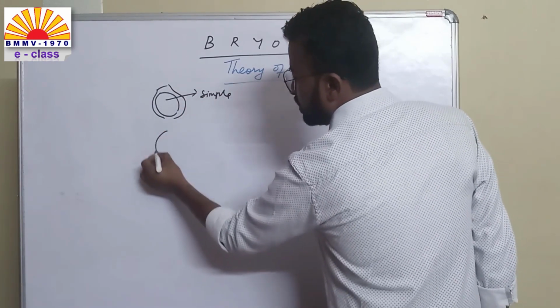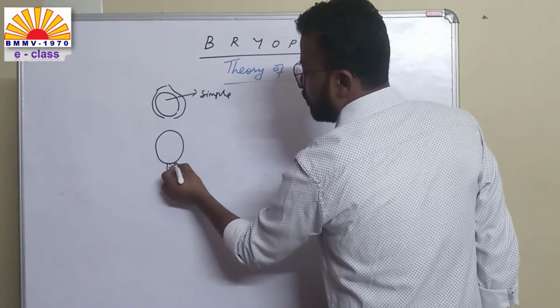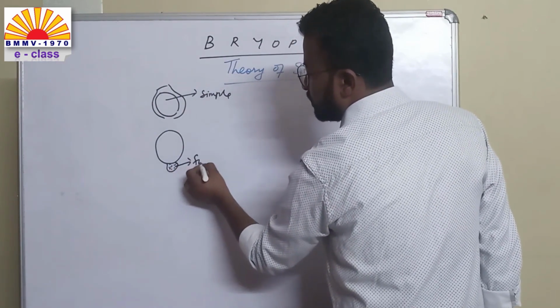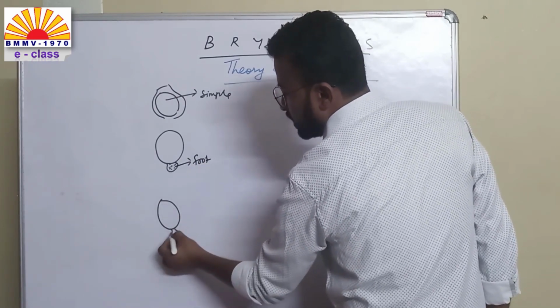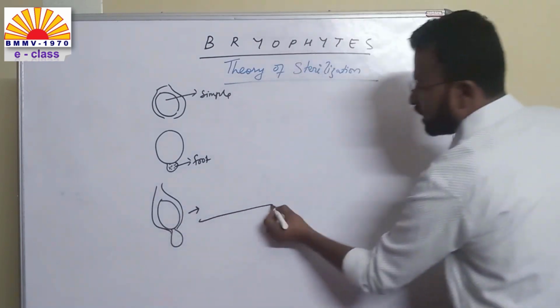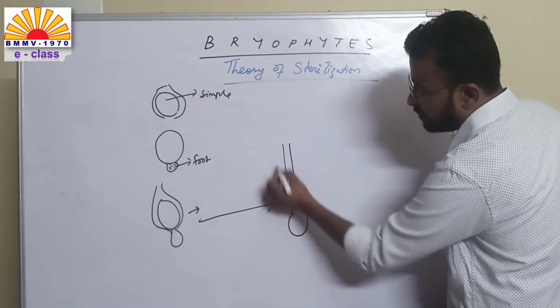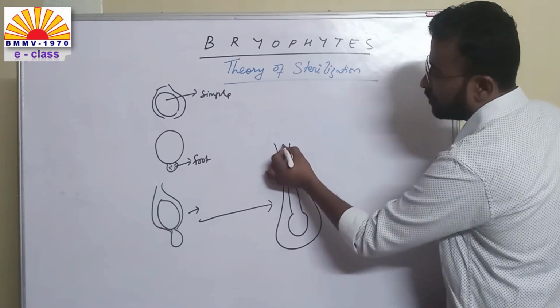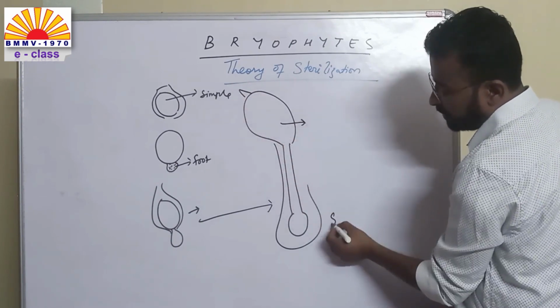Later on, another type is represented by type 2, where there is a foot. In type 3, there is a foot and there is an involucre. Now, in type 8, there is a very well developed sporophyte with a well developed capsule. Now, this is the most advanced type.